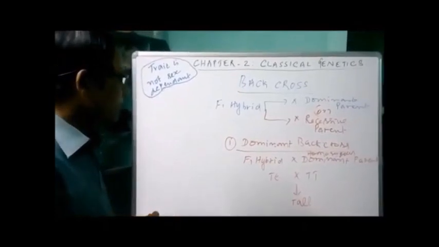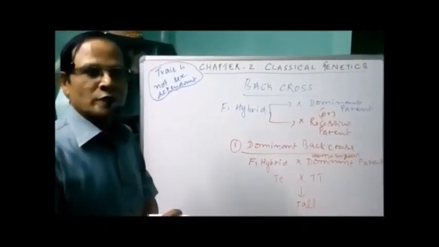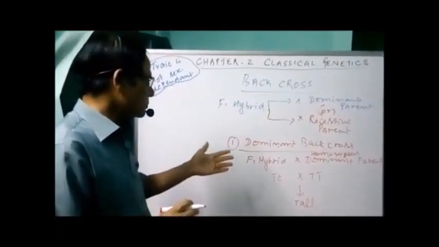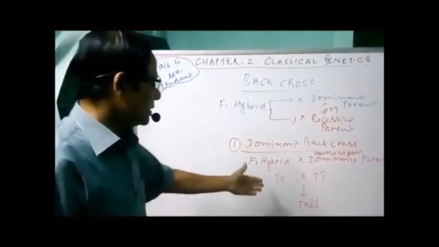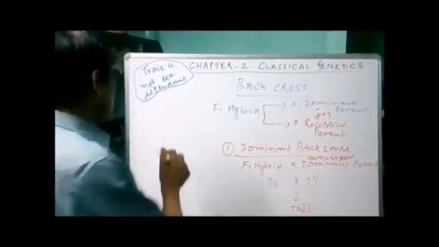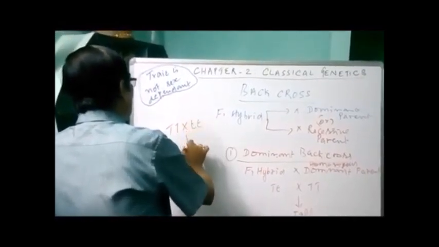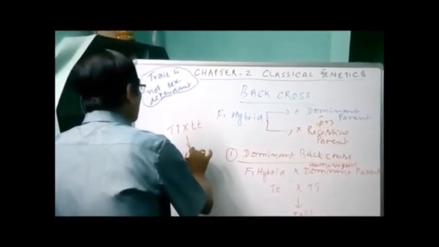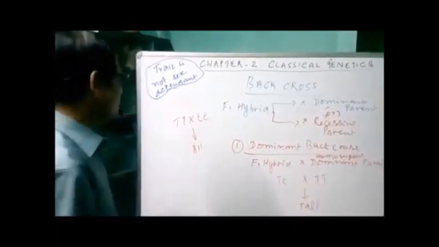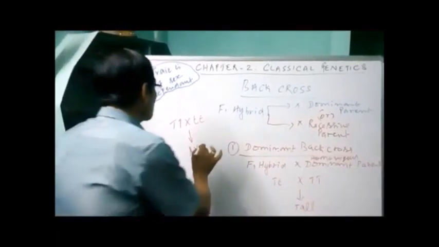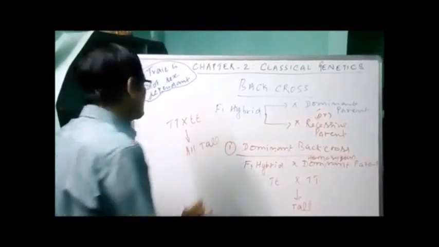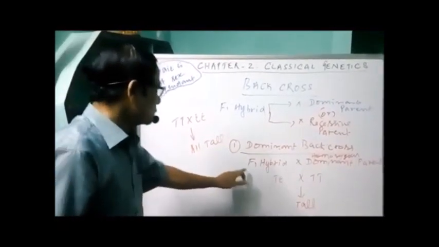Now this dominant backcross is of no use to find out the genotype of the F1, because we are getting the same result as when making a cross between a homozygous dominant and a homozygous dwarf. In these cases also we are getting all tall. So there is no difference between these two.